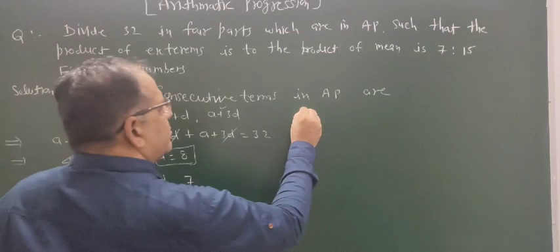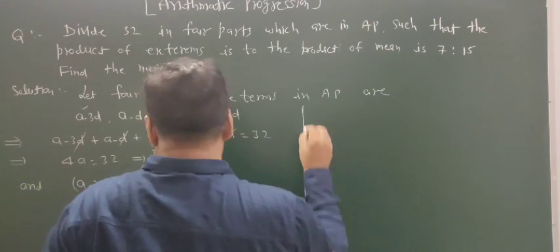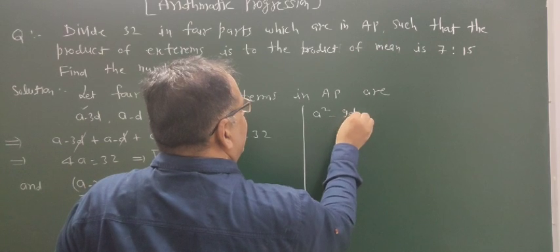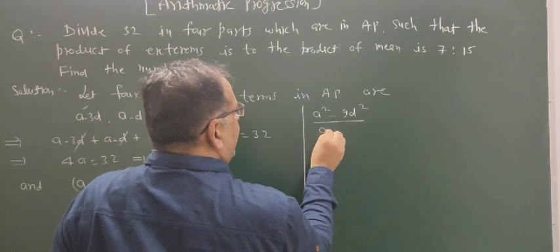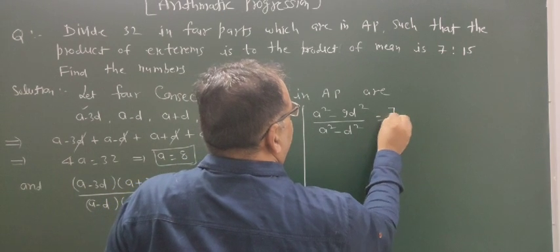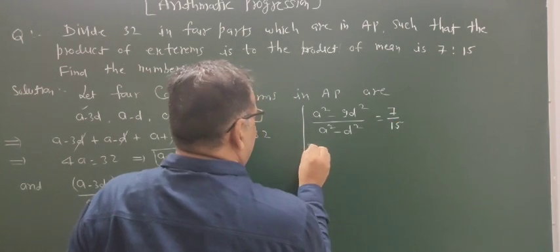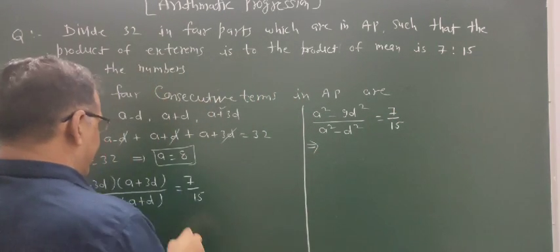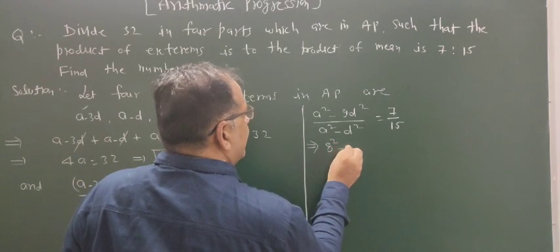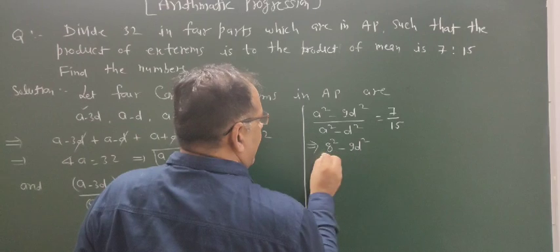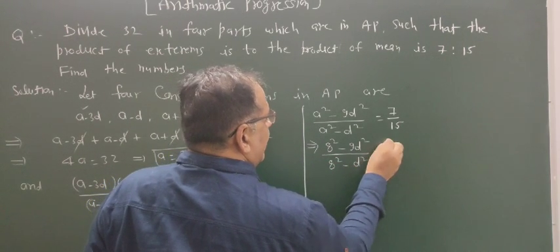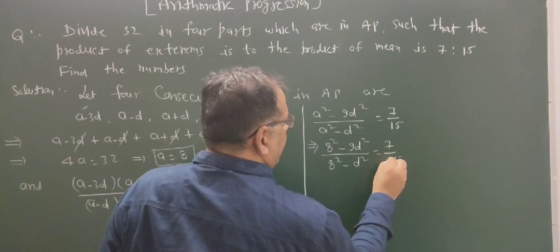So this can be written as a square minus 9d square upon a square minus d square equal to 7 upon 15. The value of a is 8. So now 8 square minus 9d square upon 8 square minus d square equal to 7 upon 15.